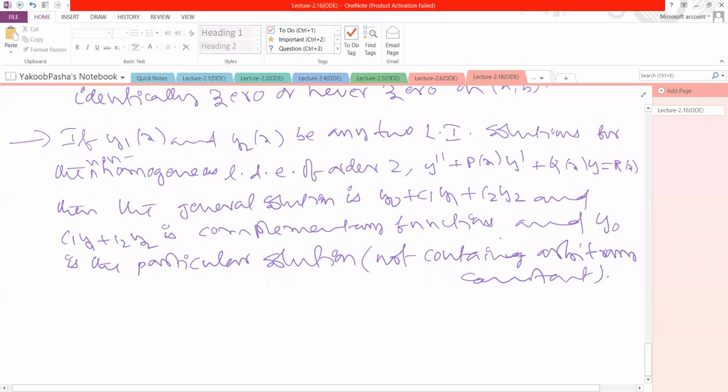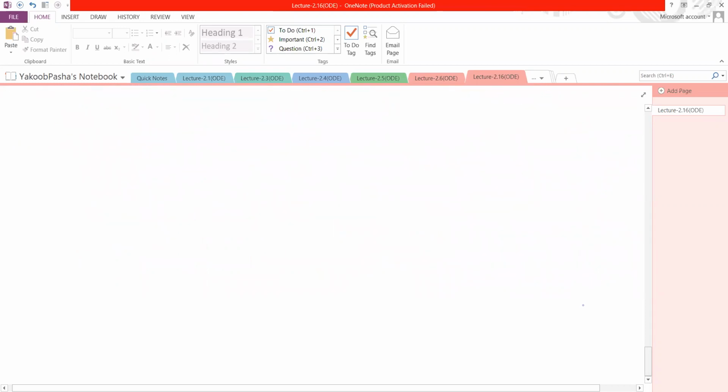Now if we take y1 and y2 as two solutions of a linear differential equation, second order linear differential equation.